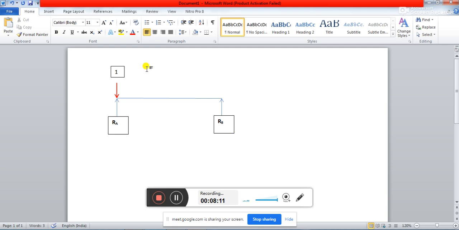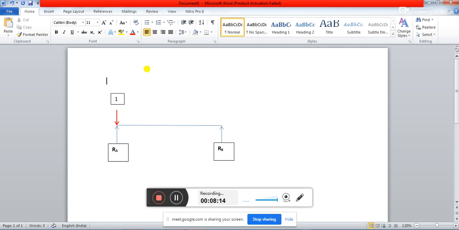so what I will be doing, I am just writing it above. So how will you get the reaction at RA? You will have to take moment about B. So if you take moment of all the forces about B, then what will happen?